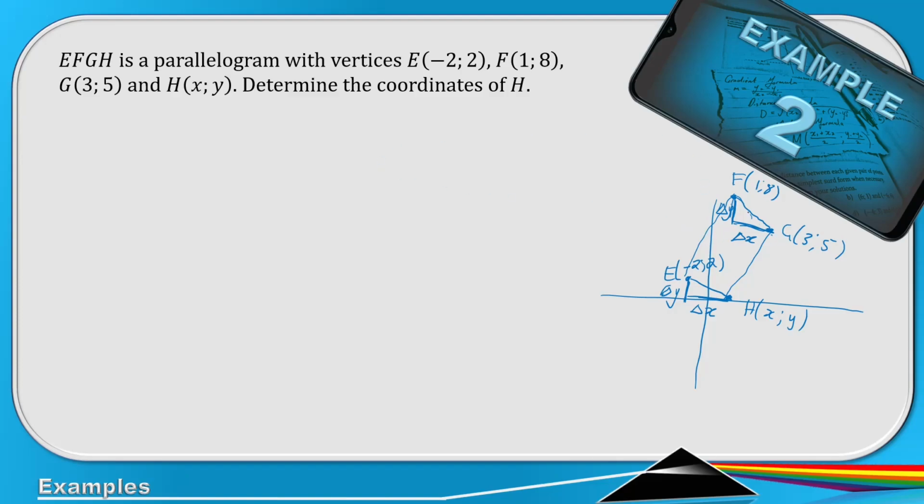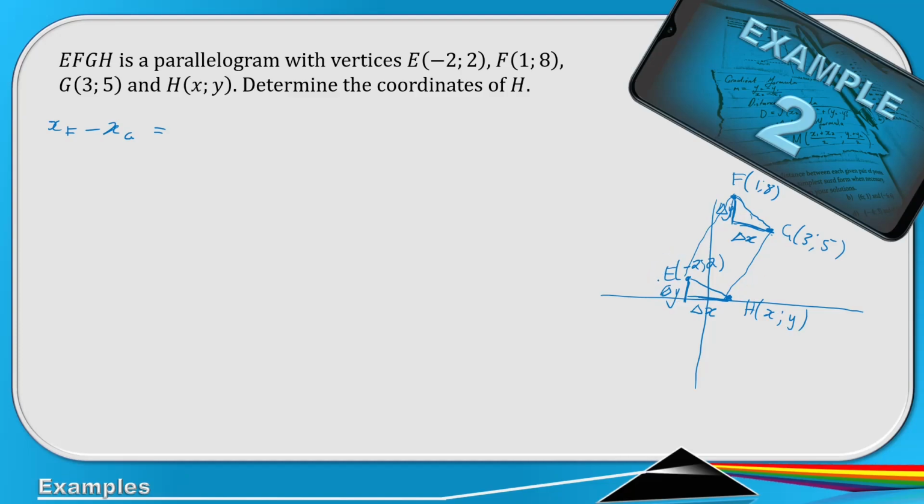So I'm going to say that the x value of F minus the x value of G, so that's the difference of the two, is equal to, since I started from the left-hand side to the right-hand side, on this side I'm also going to start from the left-hand side to the right-hand side. You can do it the other way around, that's fine, as long as you do the same direction for both.